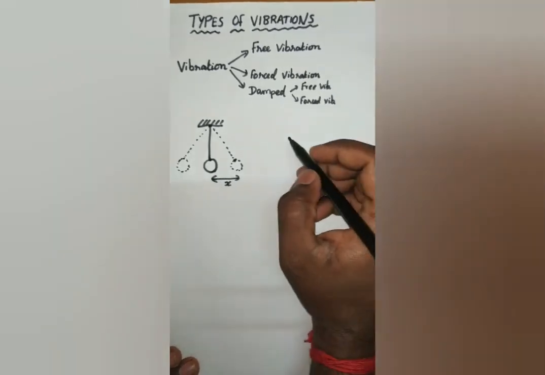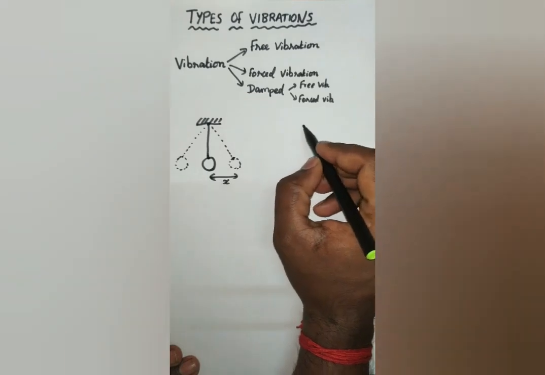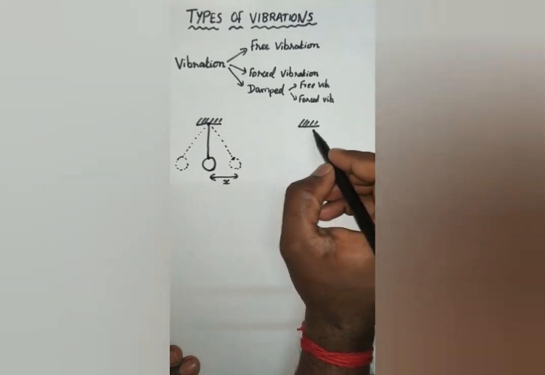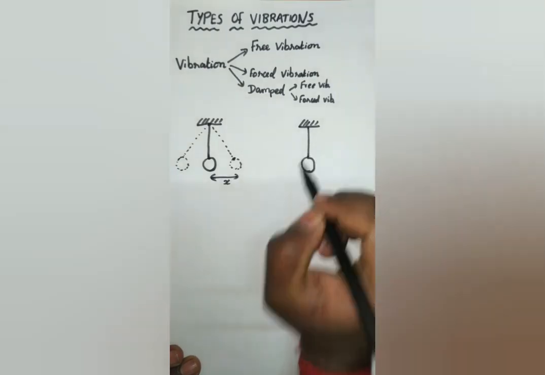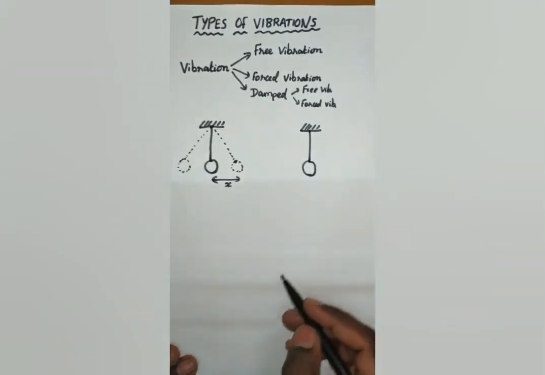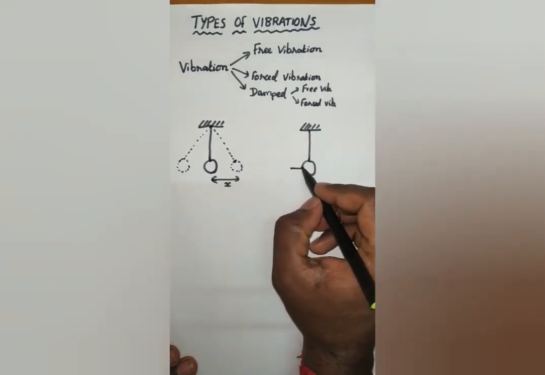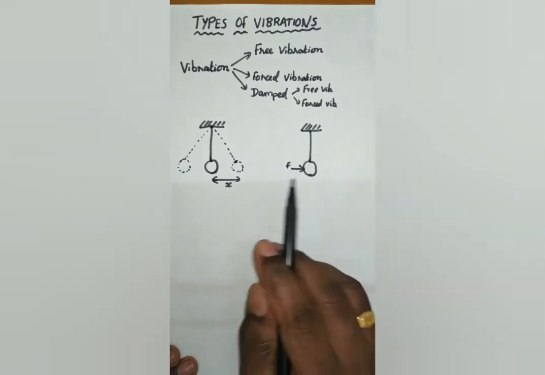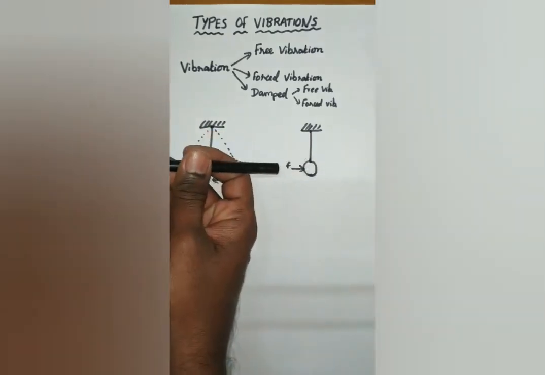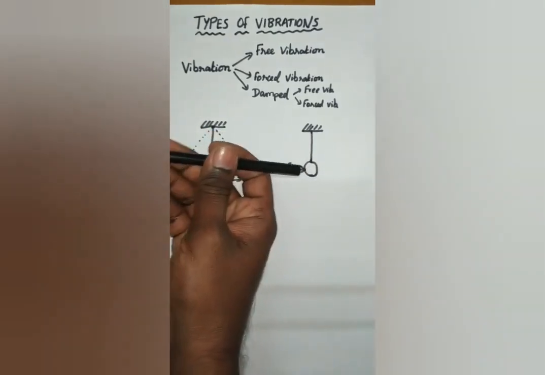So the same thing, how to apply forced vibration. Let me take the same pendulum. Now what I'm going to do is apply a force here, say F. It means I'm going to hit this pendulum with some force.